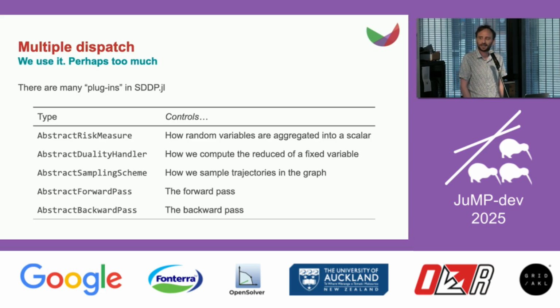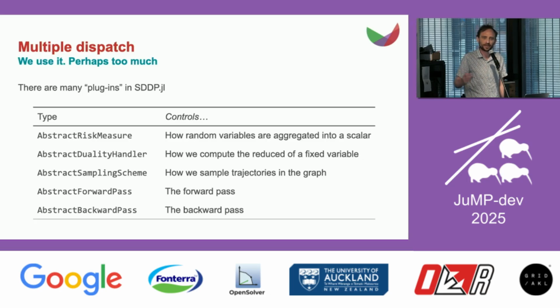We also use multiple dispatch to control the algorithm in many places, and perhaps too many places. It's too easy to think, oh, here's a new option that I could add in, and so you end up making a new kind of plugin, and then how they all interact is quite complicated. We can have different risk measures, so how we aggregate the random variables into a single value, and how we compute duals when we're doing Benders decomposition.